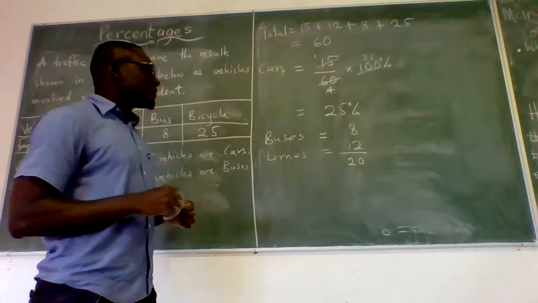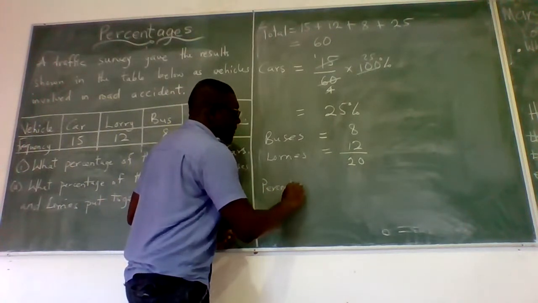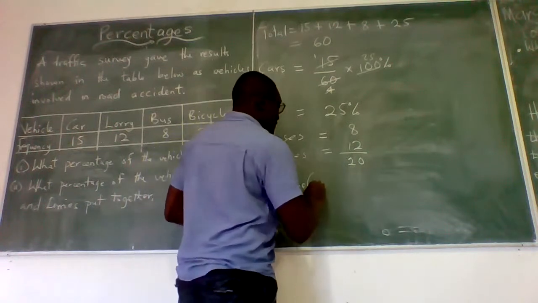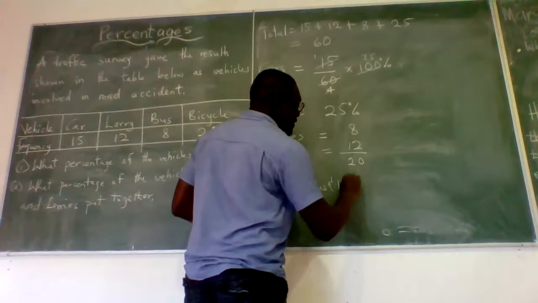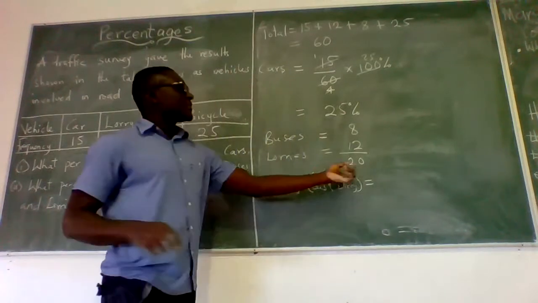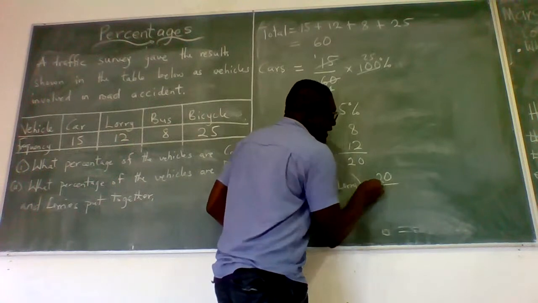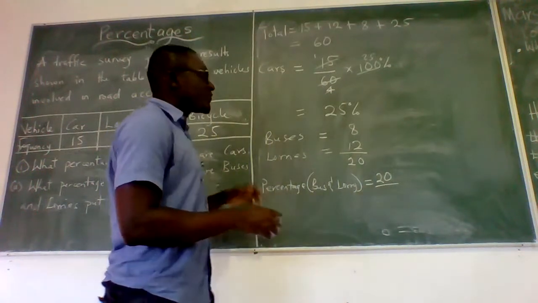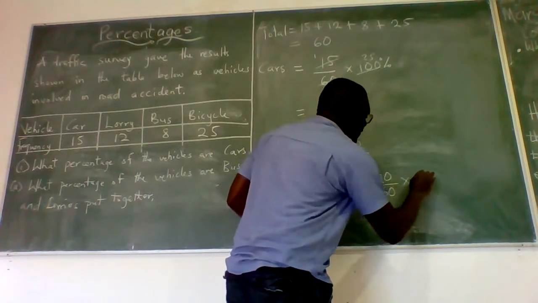So if I'm getting a total of 20, then the percentage for bus and lorry is simply going to be their frequency put together, which is 20, divided by the total number of vehicles here, which is 60, multiplied by 100%.